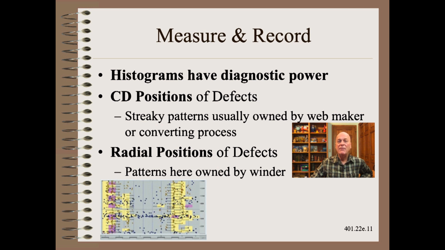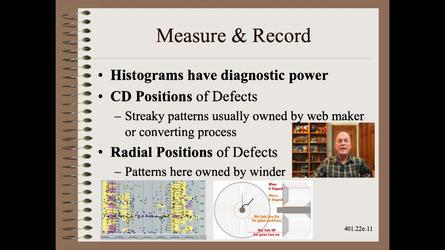Some high-end defect detection systems do this automatically. Similarly, the radial positions of defects are vital for troubleshooting problems on the winder itself. Most winding defects, starring and telescoping accepted, favor the core or the outside.